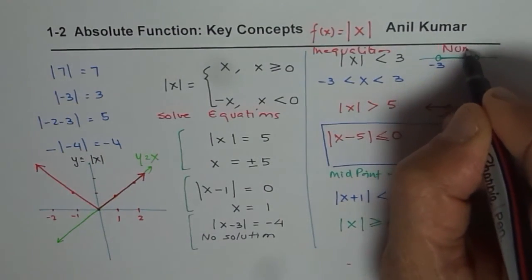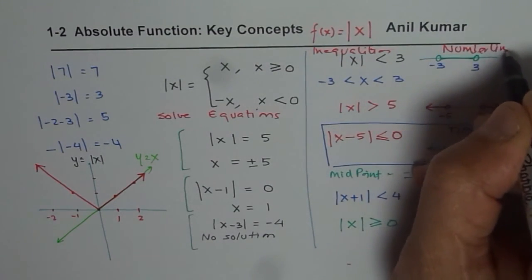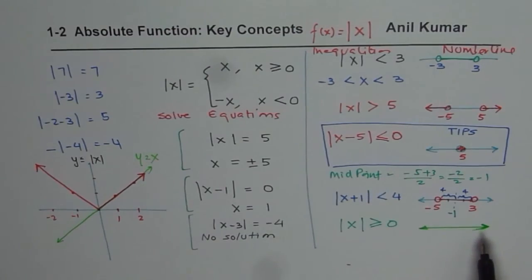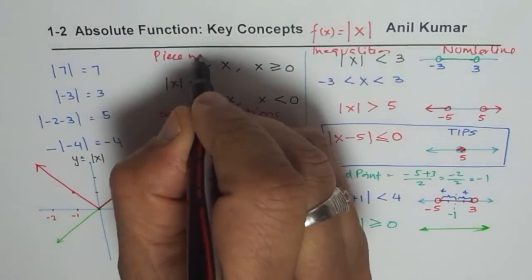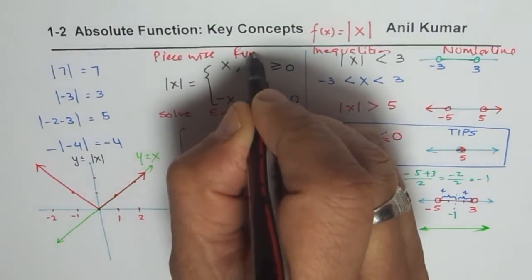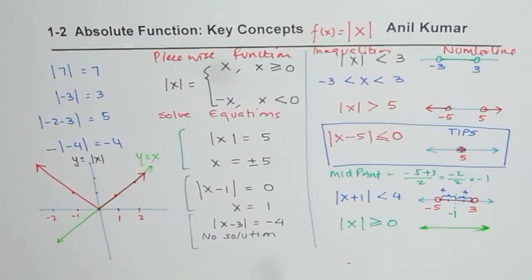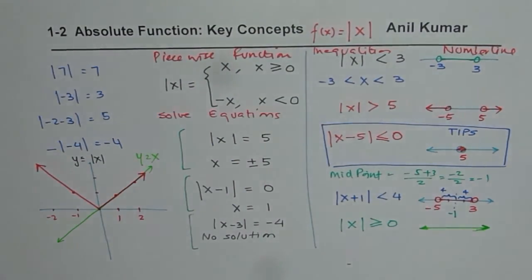So we used number line and inequality combination, right? This was a piecewise function. Correct. So in this particular video, we have considered almost all aspects of absolute function which you need to know to move forward. I hope that helps. Thank you and all the best.